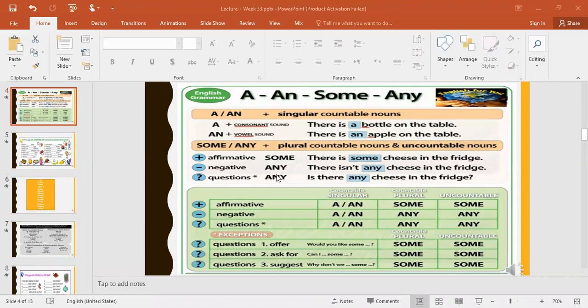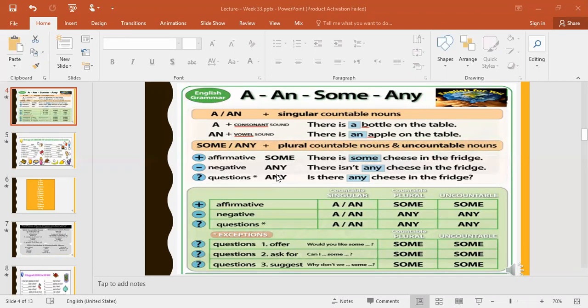When I say, for example, there is some cheese in the fridge. Any is used in negative and question form. When I say, for example, there isn't any cheese in the fridge, this is a negative form. And when I say, is there any cheese in the fridge, this is a question form.